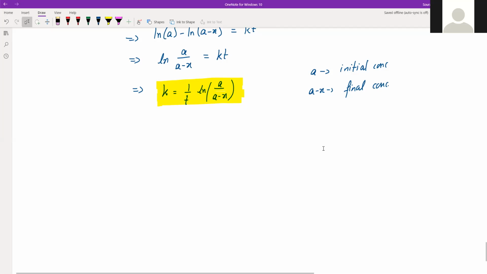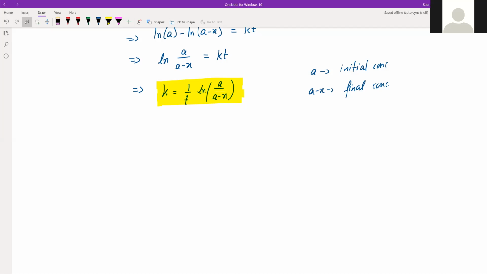So log will not give you any unit, correct? So the unit of k will be just per second. So this was whatever we saw here, which is with the natural log.